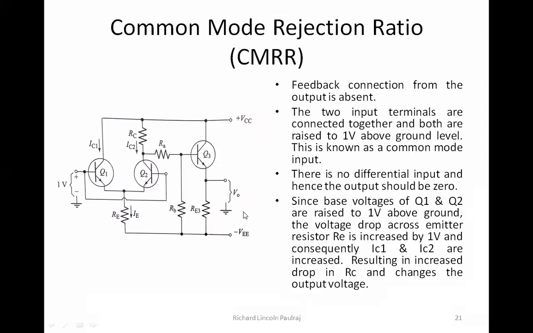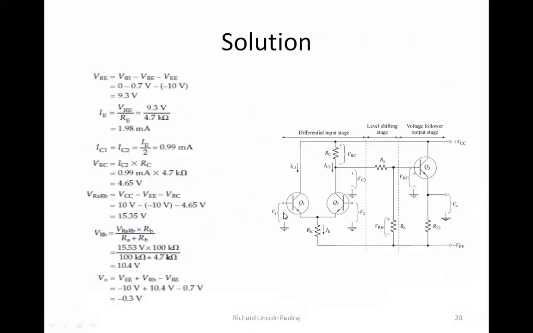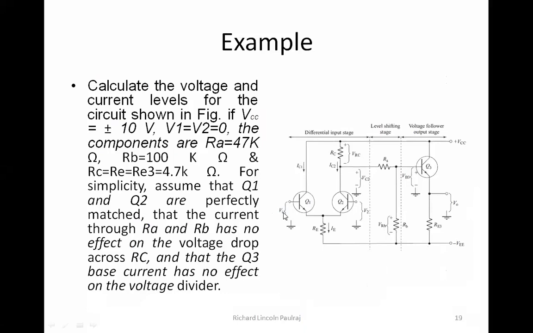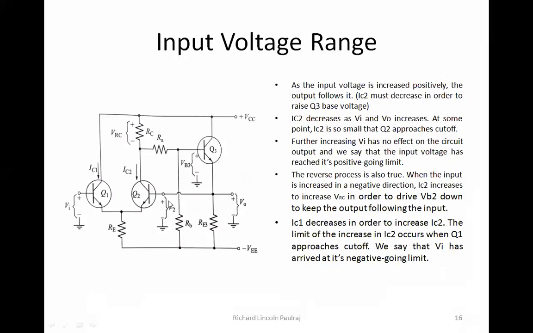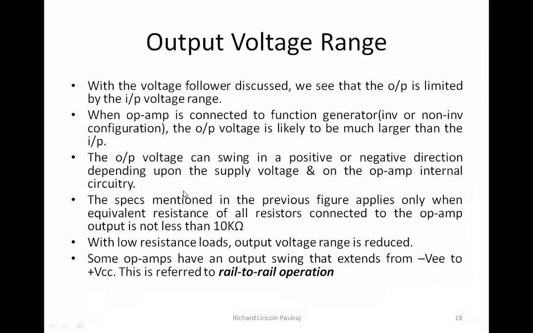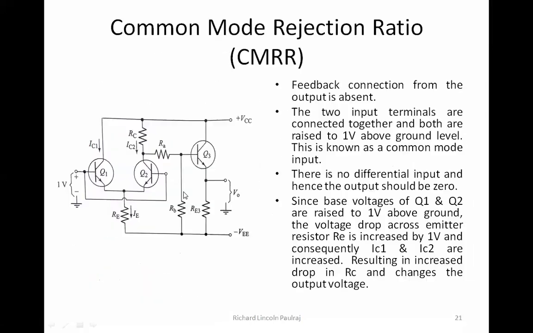Now, unlike the previous circuits, the previous circuits used to have a feedback from the output, right? So part of the output is connected back to the transistor. But here we do not have anything as such. The output is not connected to the input.